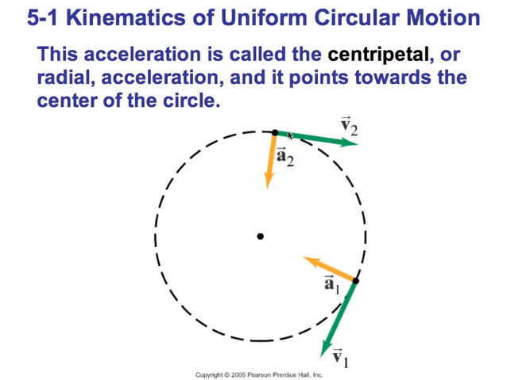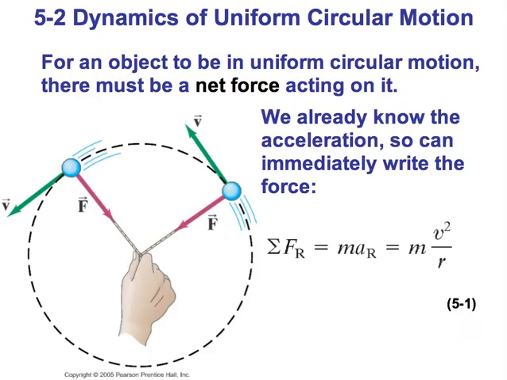Note here this acceleration towards the center of the circle is called centripetal. Some people mispronounce that centrifugal, which is a force in a non-inertial reference frame. But we're going to mostly use the term centripetal, meaning center-seeking acceleration. Sometimes they say radial, meaning an acceleration along a radius. So anyway, centripetal acceleration is what we're talking about.